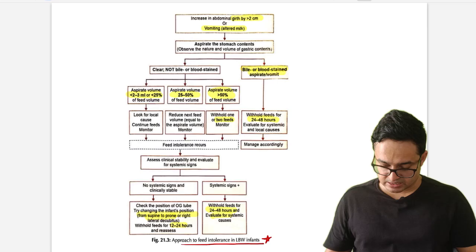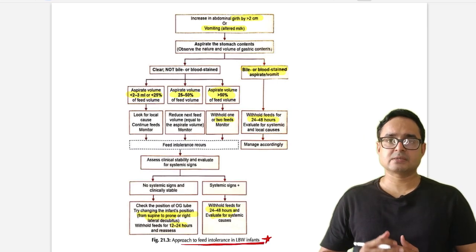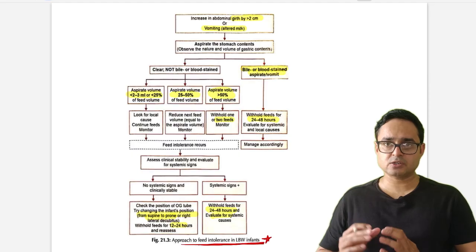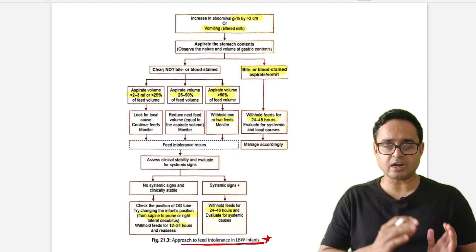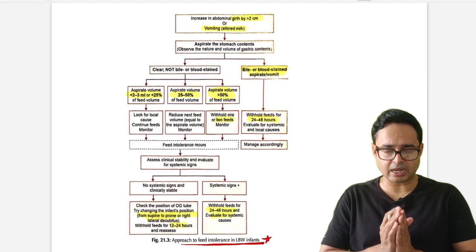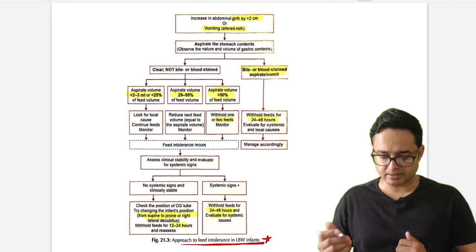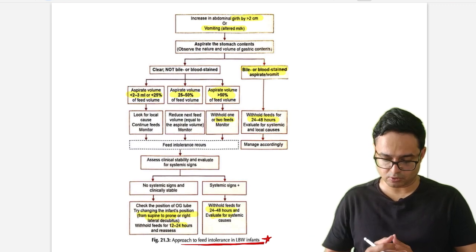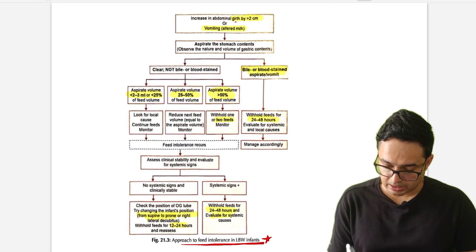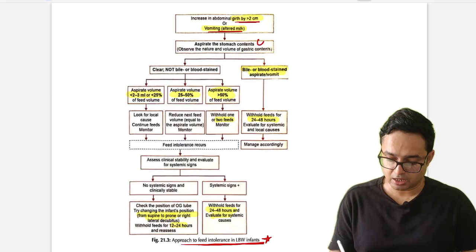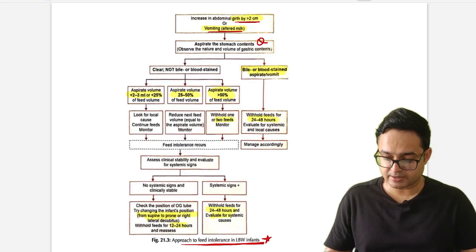So this is the approach to feed intolerance in LBW. In previous flow charts, we have discussed how we should start feed in LBW and continue feeding. In this, if feed intolerance develops, if abdominal girth increases by more than 2 centimeters, or the patient is vomiting altered milk, you have to aspirate the stomach content.